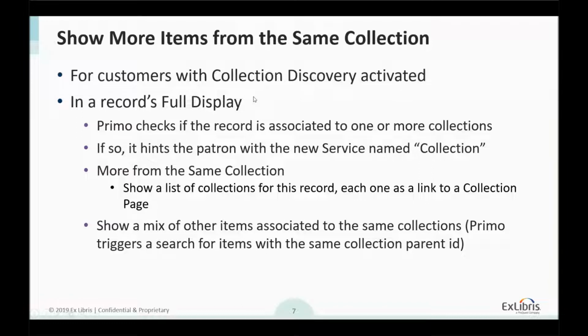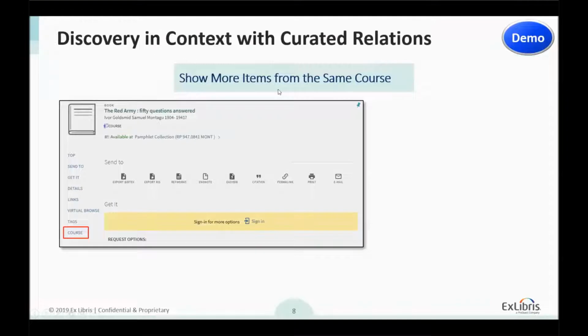to those collections. And this feature can be activated, enabled per view, and of course, as I said, you can also rename those services here. Okay, same as we did for the more from the same collection, we are also exposing more items from the same course.